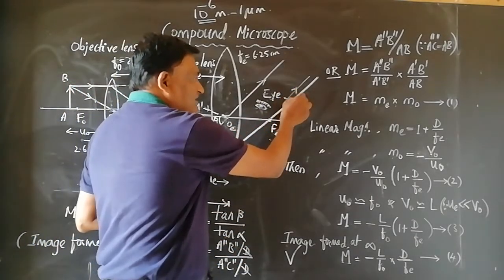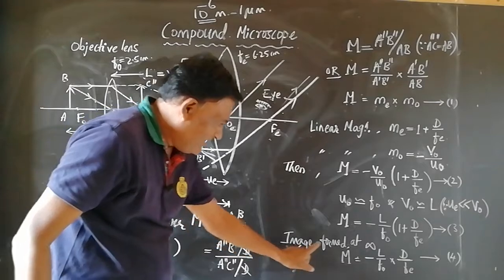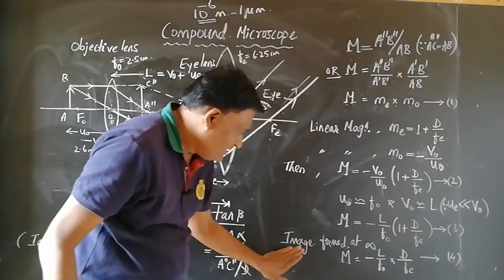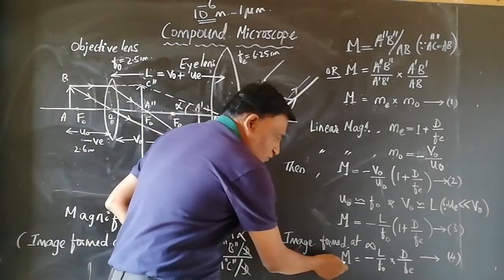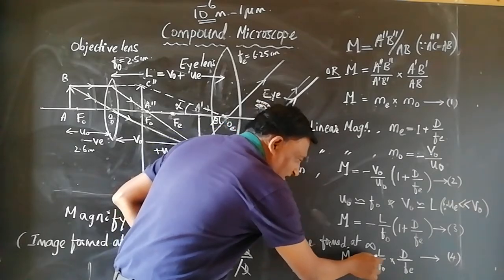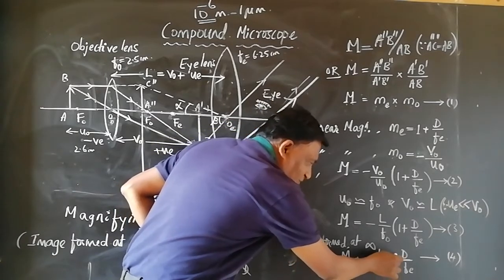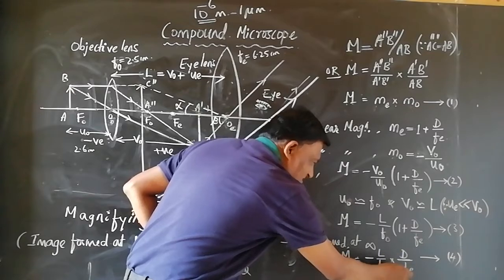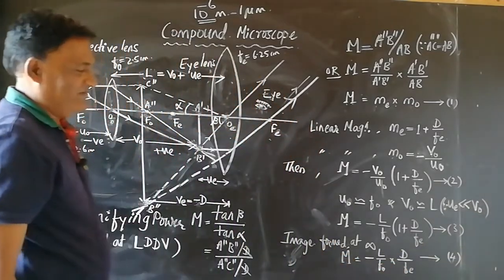If the final image is formed at infinity, then the relation reduces to capital M equals minus L by Fo, instead of 1 plus D by Fe, it is just D by Fe.